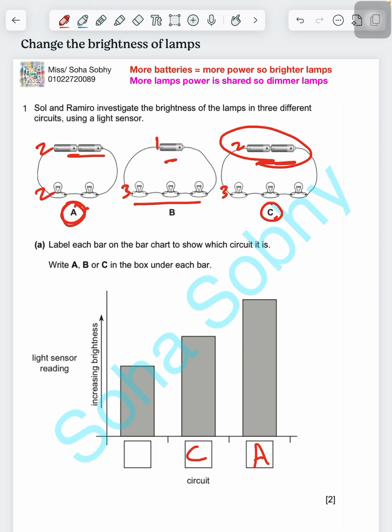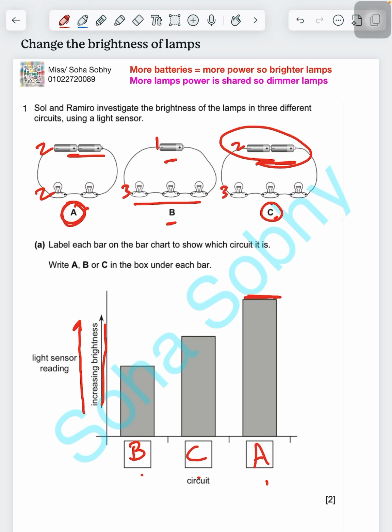So here we have the less brightness, so the less brightness for B. So it's A, C, then B, because as you moving up here means increasing brightness.